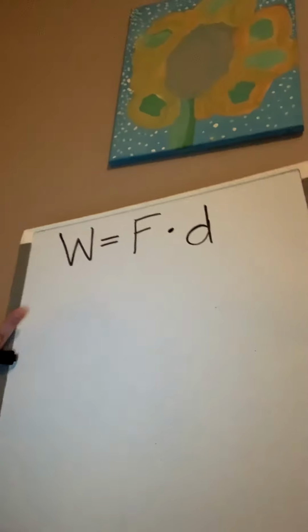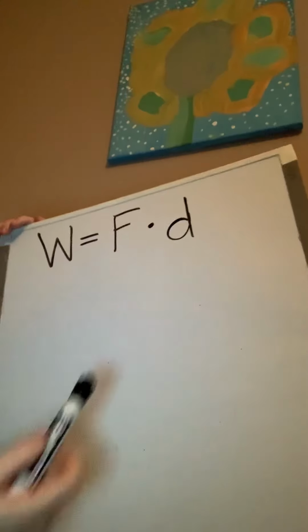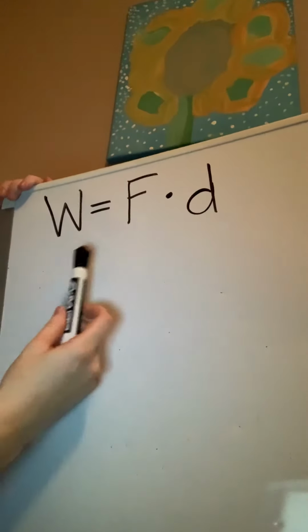If you are looking at your worksheet right now, number 1 says, work is required to lift a barbell. How many times more work is required to lift the barbell 3 times as high? And explain. The way that I was trying to explain it to someone earlier is using the equation. The work equation is force times distance.